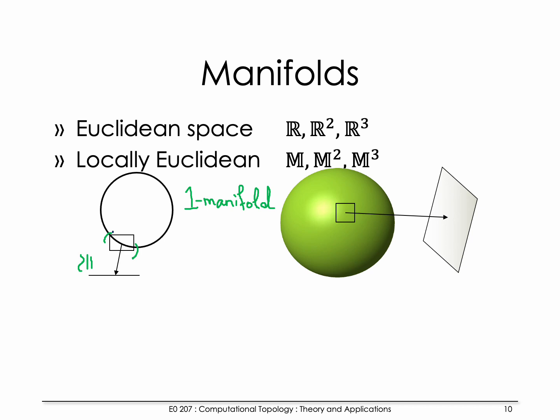The sphere is another example of a manifold. If you are on the surface of the sphere, then your neighborhood looks flat, right? Like R2. So hence the sphere is a two manifold, a two-dimensional manifold.